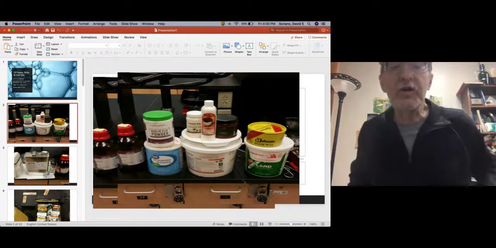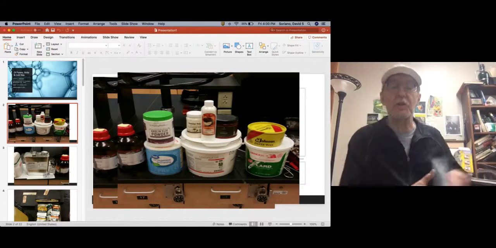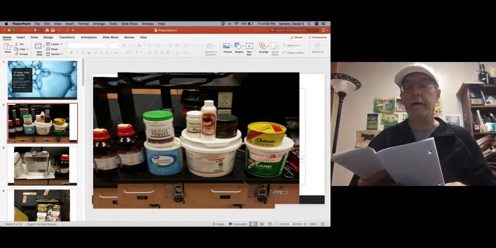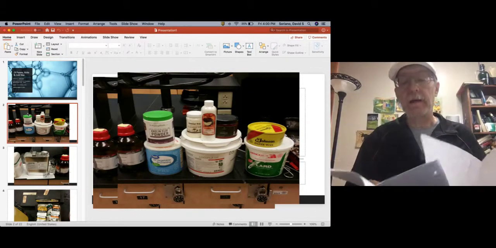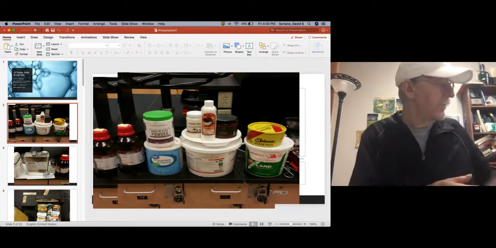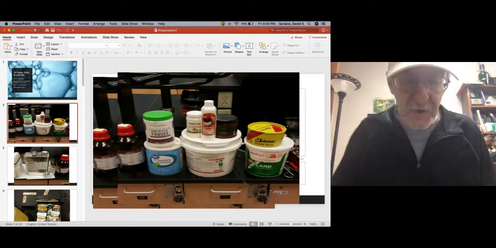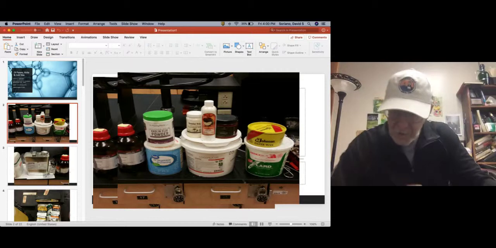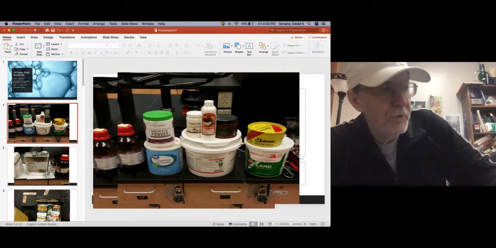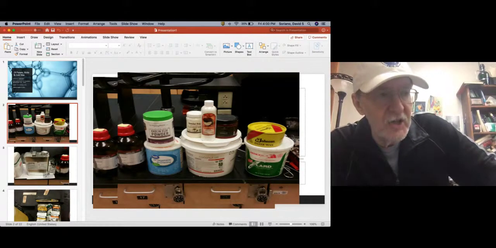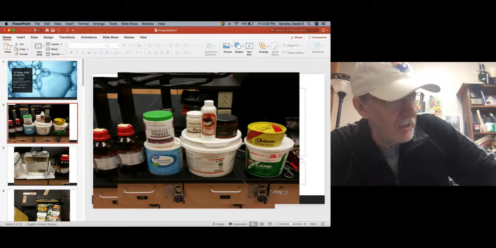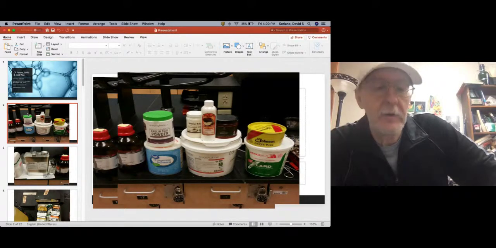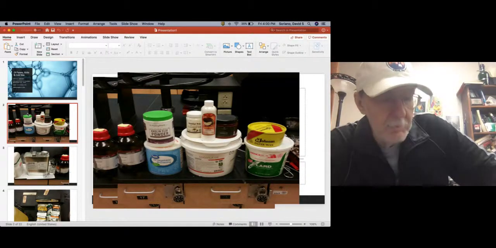All right, what we see here are some of the materials I'm working with. Oil pastels generally are manufactured to niche market as sticks, and they contain a pigment, mineral oil, and a drying oil.